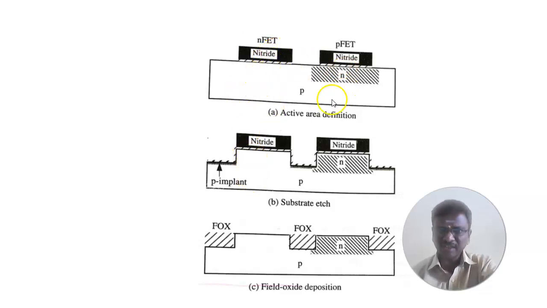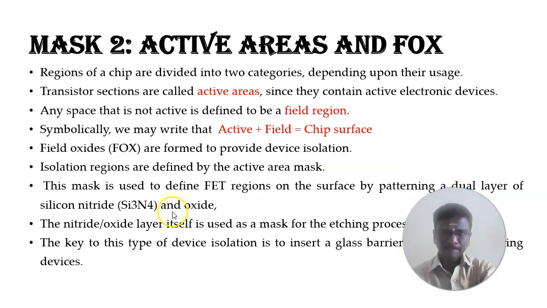We have seen the p-FET structure and the envelope process we created in the first step. Above this we gave one silicon nitride layer to provide the isolation in between. So this is actually the active area definition.